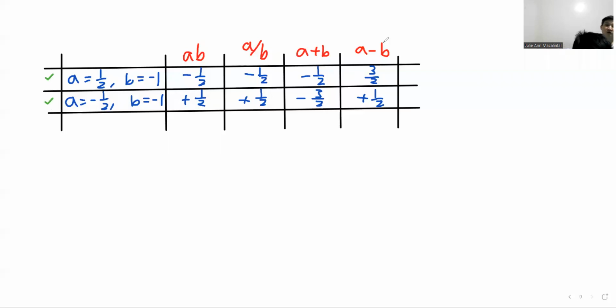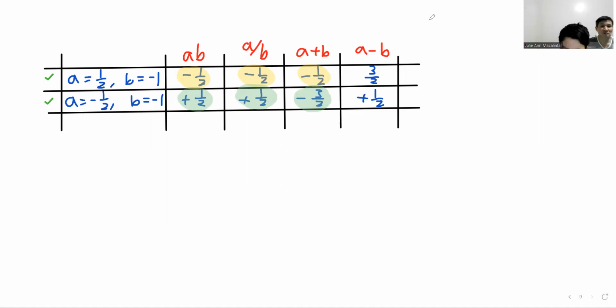Perhaps you can highlight the same results. Yes, those three are equal. And then when A is 1/2 and B is negative 1, note that only B equals negative 1 prevails.